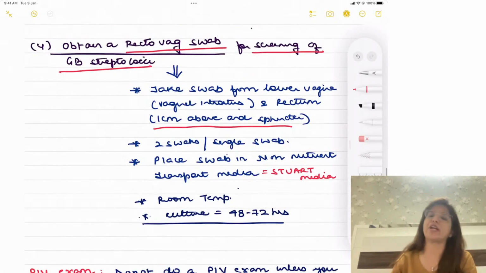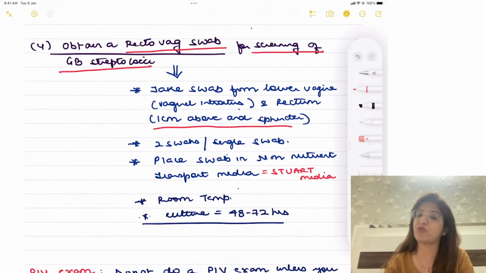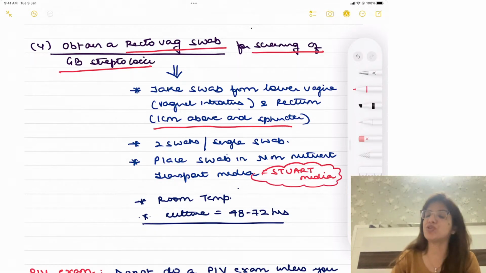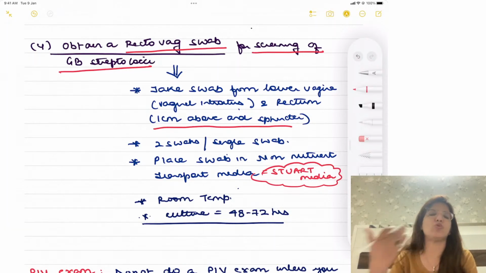Now, when you are taking a rectovaginal swab, either you can take two swabs, one from vagina and one from rectum, or the same swab can be used for vagina and rectum both. And once you've taken the swab, you have to place it in a non-nutrient transport media like a Stewart media. Right, so a non-nutrient transport media, you have to put it in it, and at room temperature only you have to transfer it.